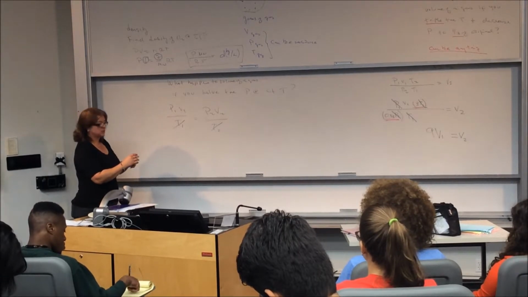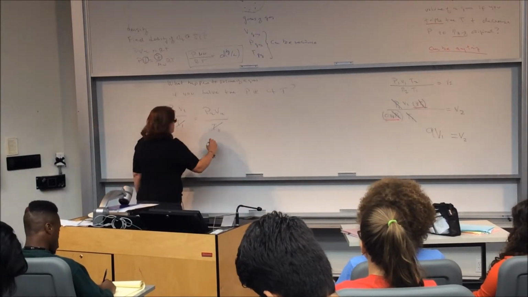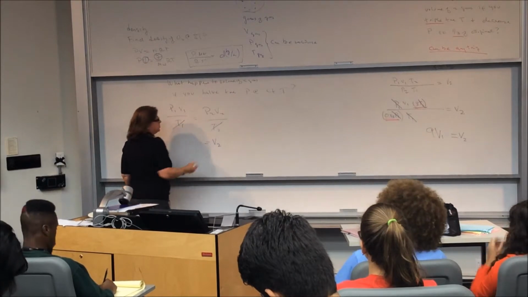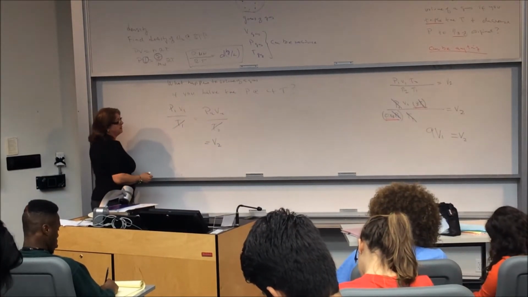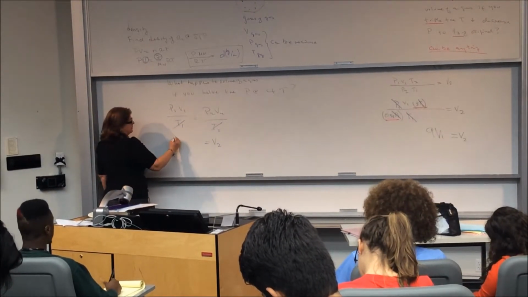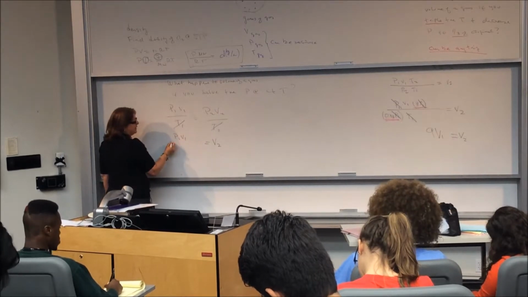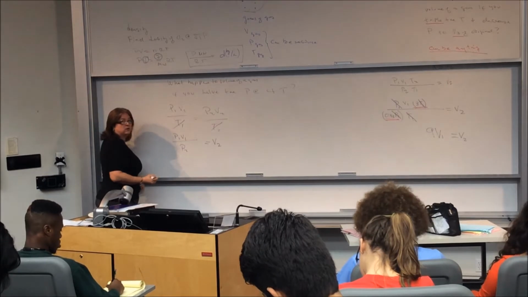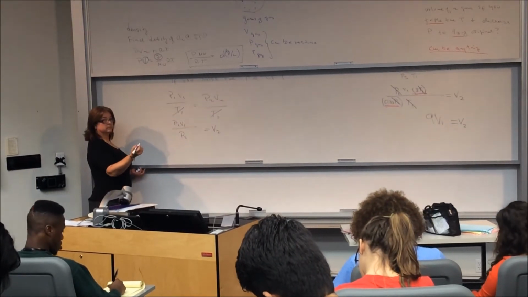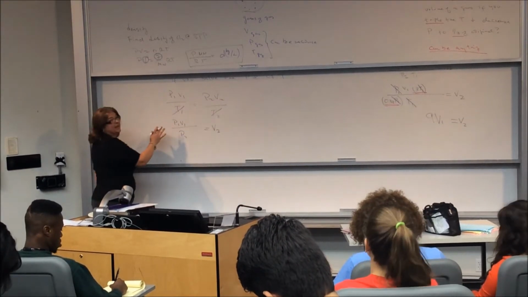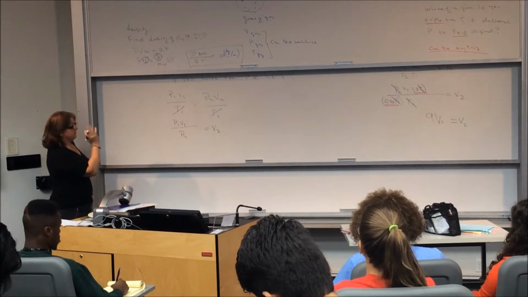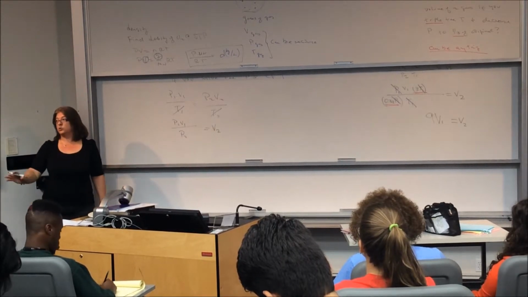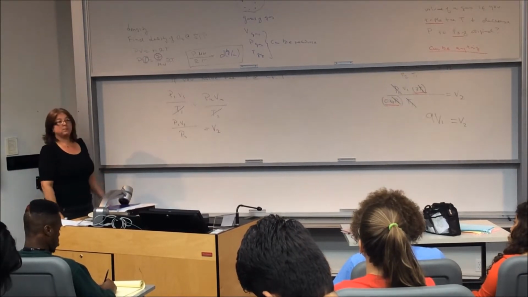What's your X? V2. Always V2. What happens to the volume of a gas? So solve for V2 for me. V1 stays there, and V2 comes down here. Okay? I have no idea what P1 was or what V1 was, and V2 is my X. But I do know what P2 is.